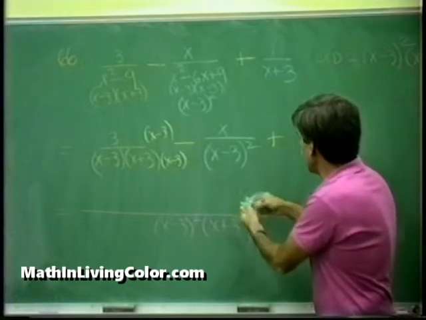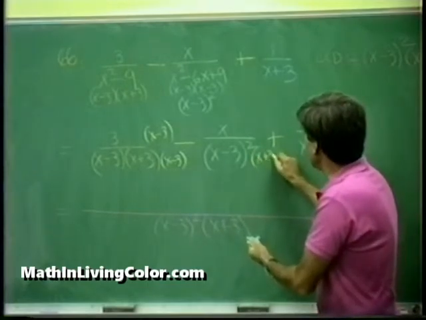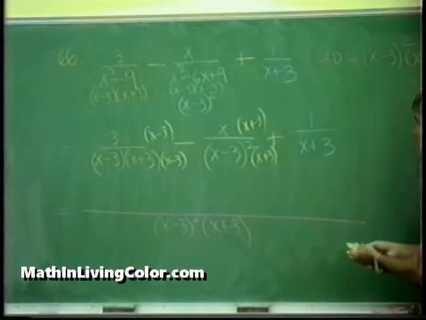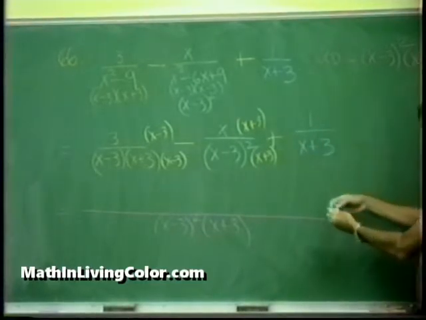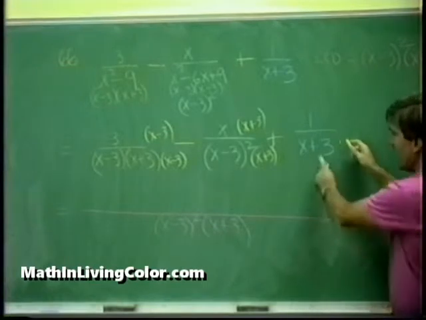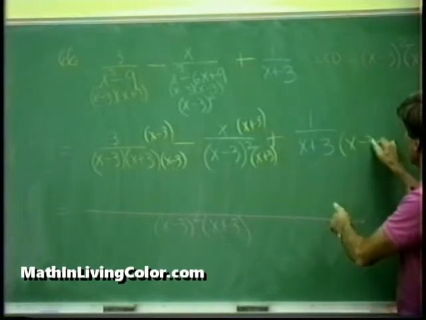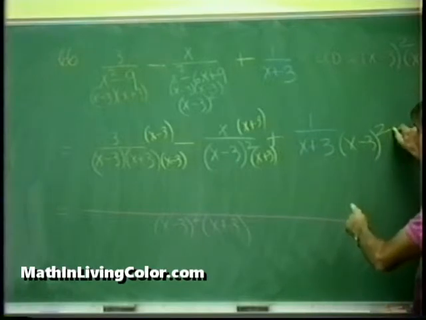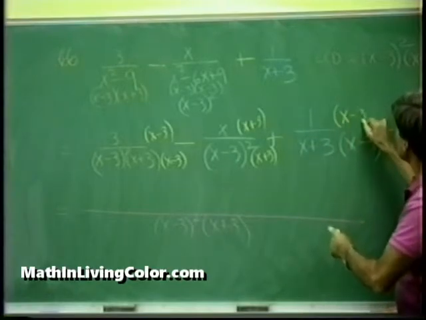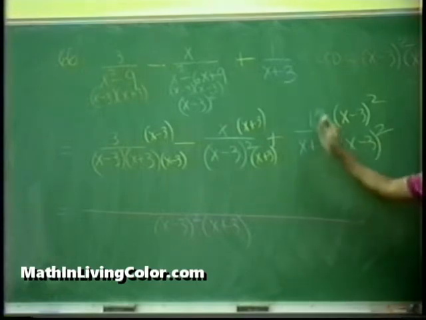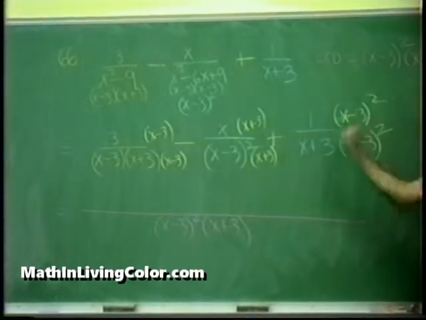So we'll do this one by x plus 3 over x plus 3. And what about the third one? We got 2 factors missing there, don't we? We've got an x plus 3. We're going to be missing the x minus 3 squared. So we'll multiply it by x minus 3 squared. Okay? Now, that's finishing up the game of what's missing.